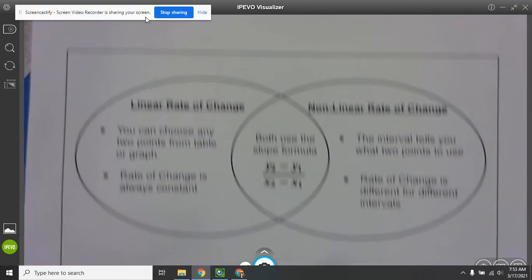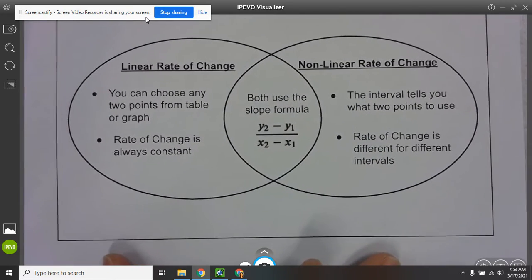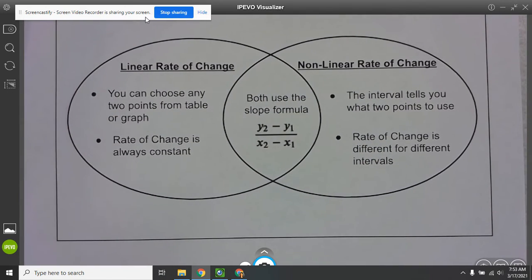All right, last little bit of notes before we start working with this. If it is a line, if it's a linear function, it does not matter what points we choose. It could be any 2 points. It's always going to be the exact same rate of change, and that's because the slope of the line is always constant.